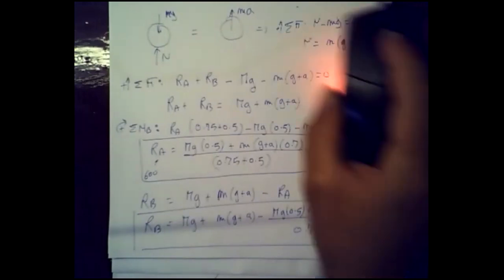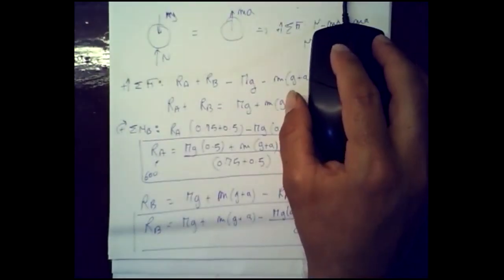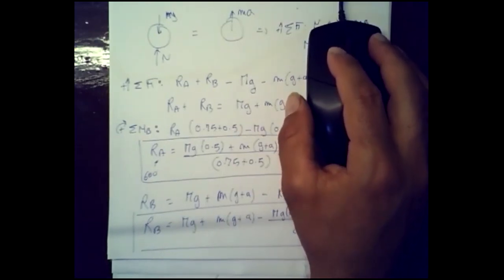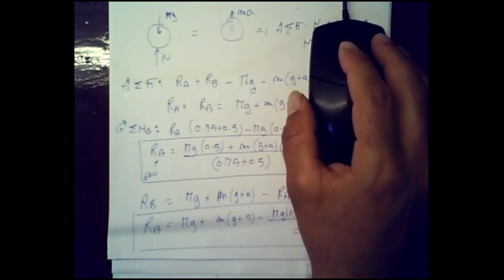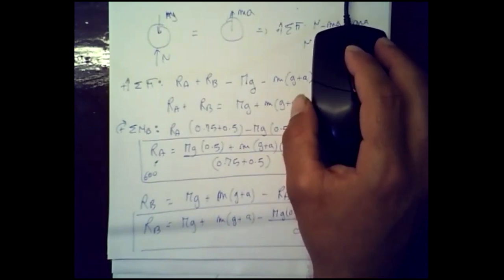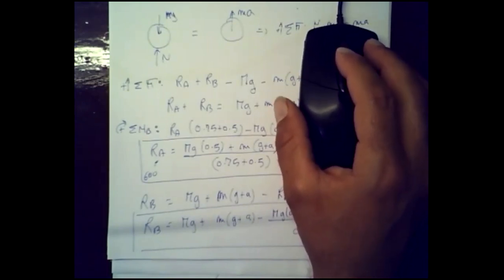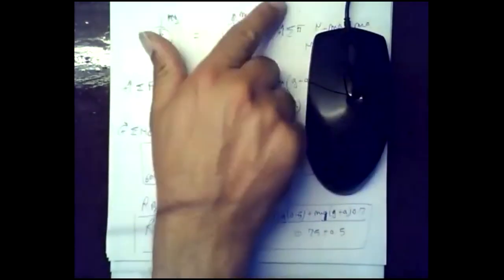Okay guys, so that is it. Again, here you can use one of the equations to sum the forces. The other equation you can use is to sum the moments about point A, and that would give you the same result as you are getting here. So one equation could be summing the forces in the vertical direction, and for moments, you can sum the moments about two different points.